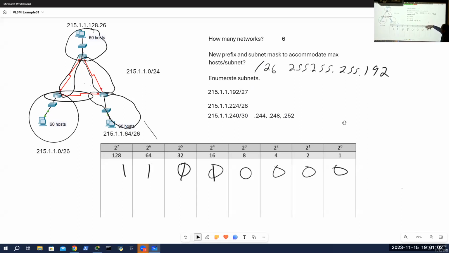So in real life, you could assign whichever of these four that you want to the three that are there. If you have a problem like a Packet Tracer problem where you need to assign exactly how I specify in order for it to grade right, I would say put the .252 subnet there.